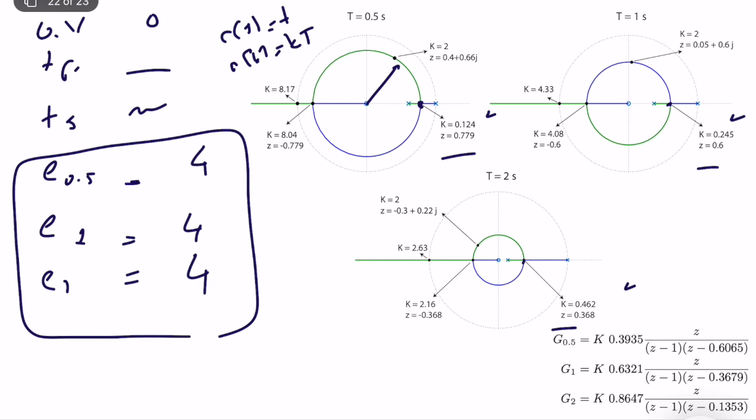So the take-home messages: when we compare root-locuses, where we keep everything fixed, including the gain, we generally obtain better performance results with lower sampling time value.